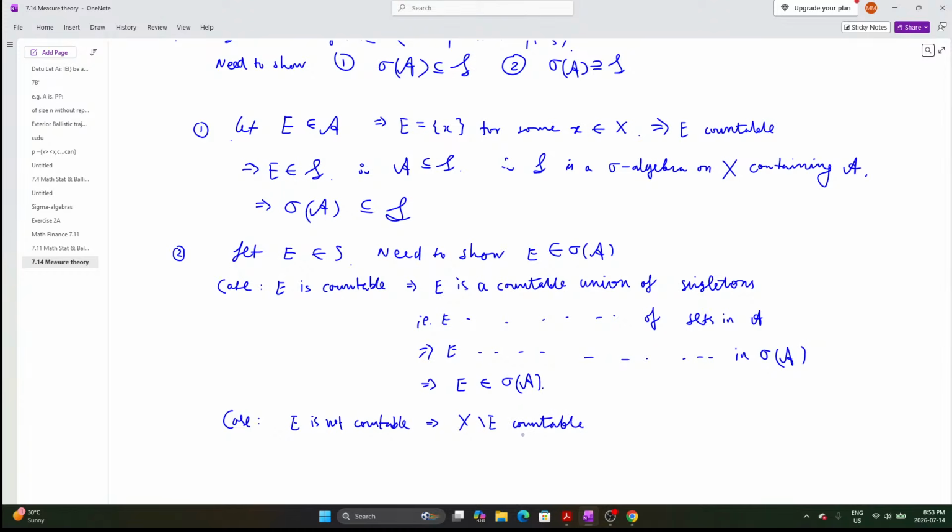By the same argument, X minus E is countable, therefore X minus E is a countable union of singletons. And using the same argument, you have X minus E is in sigma A. And by virtue of being a sigma algebra, E, which is the complement of X minus E, is in sigma of A as needed.